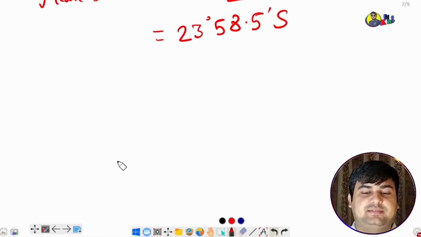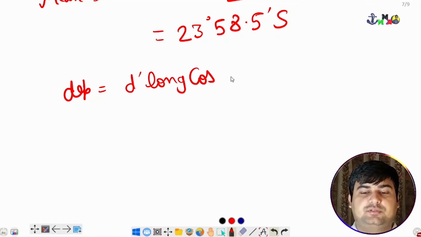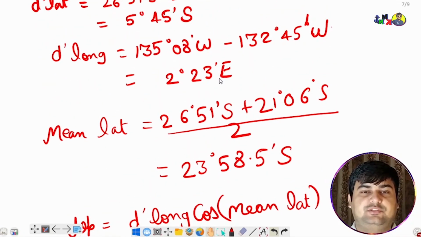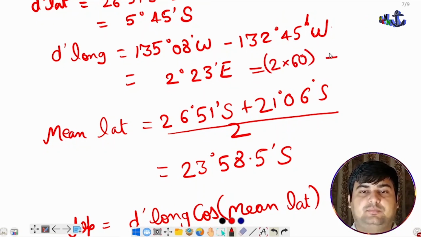Now the next step is we need to find out departure. Departure equals d long times cos mean lat. So d long, we know d long is how much? D long is 2 degrees 23 minutes. So this we will have to convert to miles. 2 degrees is 2 multiplied by 60 plus 23.